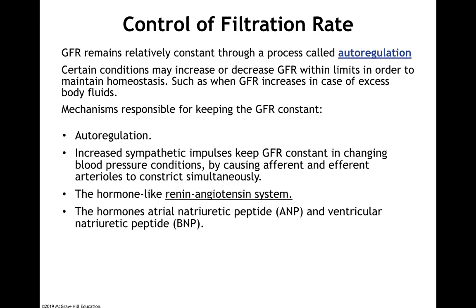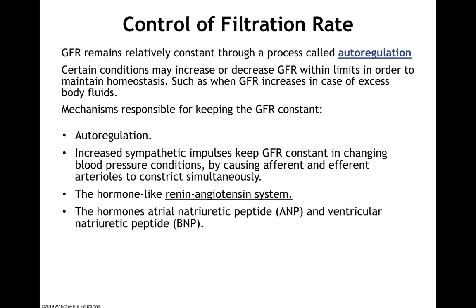GFR tends to remain relatively constant by a process known as autoregulation. There are conditions that increase or decrease the GFR within limits in order to maintain that homeostasis. When GFR increases in cases of excess body fluid, the mechanisms responsible for keeping the GFR constant are autoregulation.